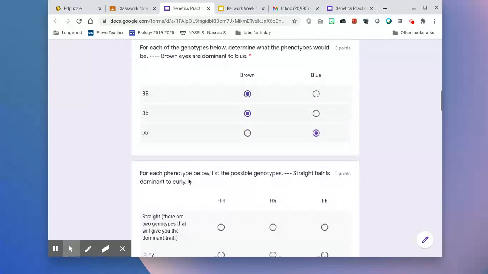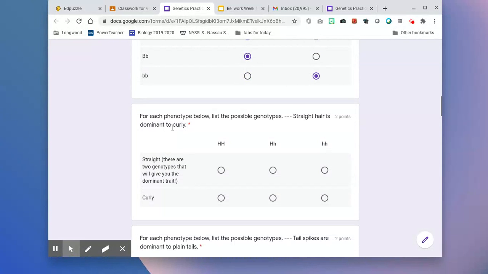Okay, for each phenotype, list the possible genotypes. Straight hair is dominant to curly. Okay, so they're using the letter H. Capital H is going to represent straight hair. Curly hair, the recessive gene, is going to be represented by a lowercase h. So it says straight.